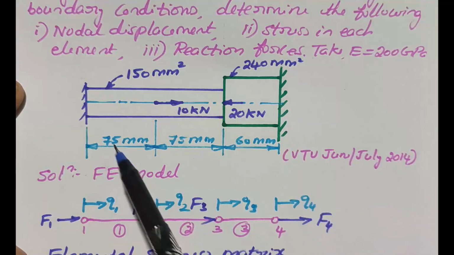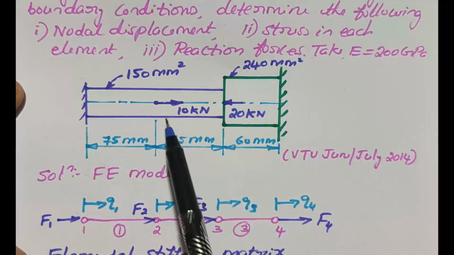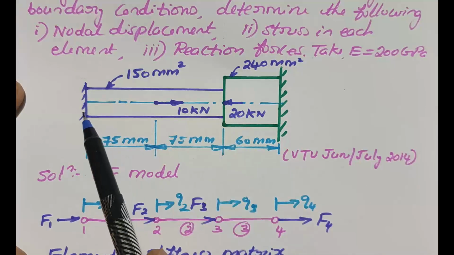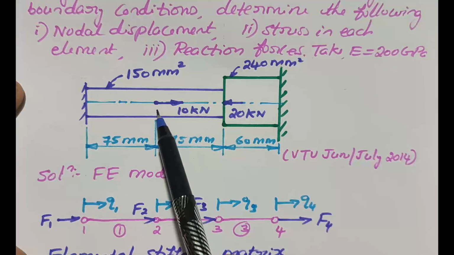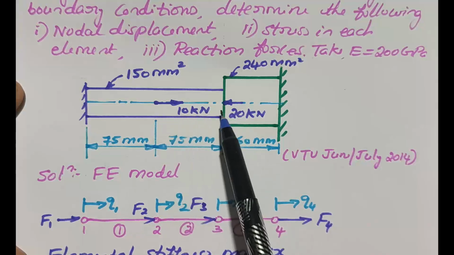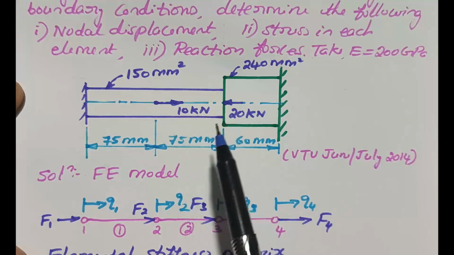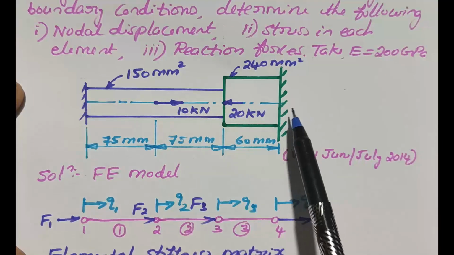That's why you have to find out the corresponding support reaction R1 and R4. We don't need R2 and R3. We need only R1 and R4. If we find R2 and R3, we will get 0. Because here there are no supports. We will get the support reaction only at the supports, that is R1 and R4.